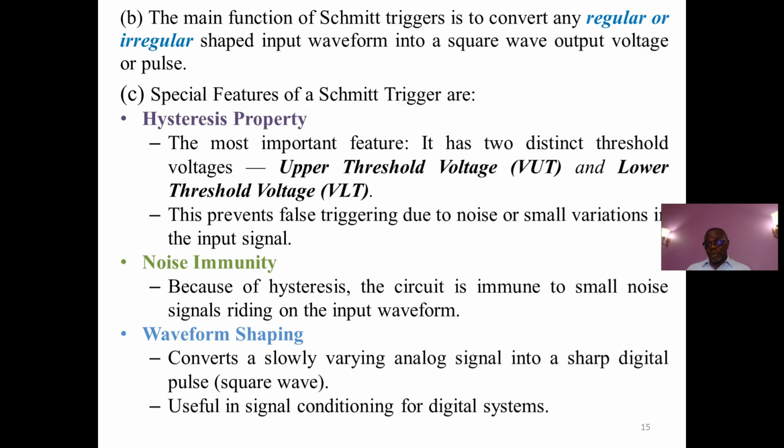If you've forgotten what hysteresis is, you refer back to my earlier lectures in module 11 or so, where we have treated hysteresis. So because of hysteresis, the circuit is immune to small noises and unwanted input waveforms.